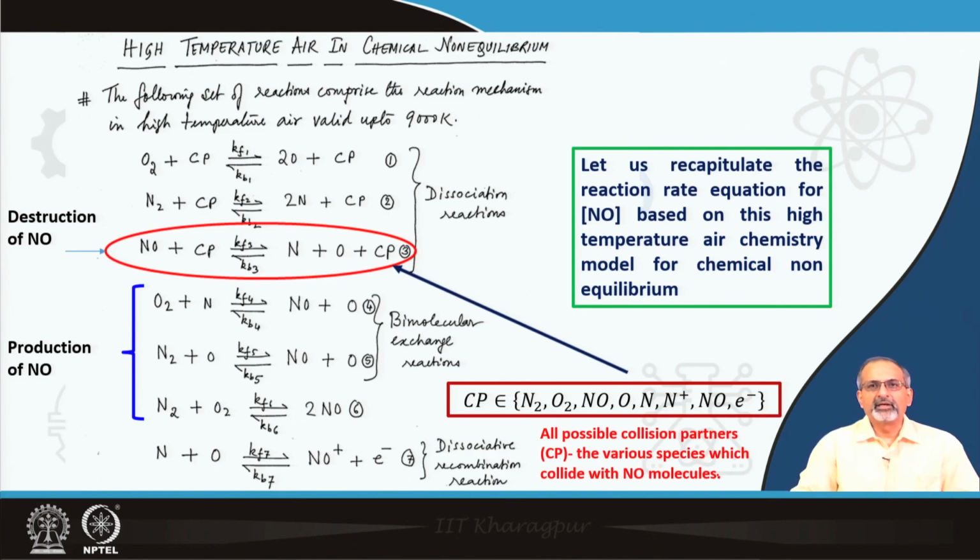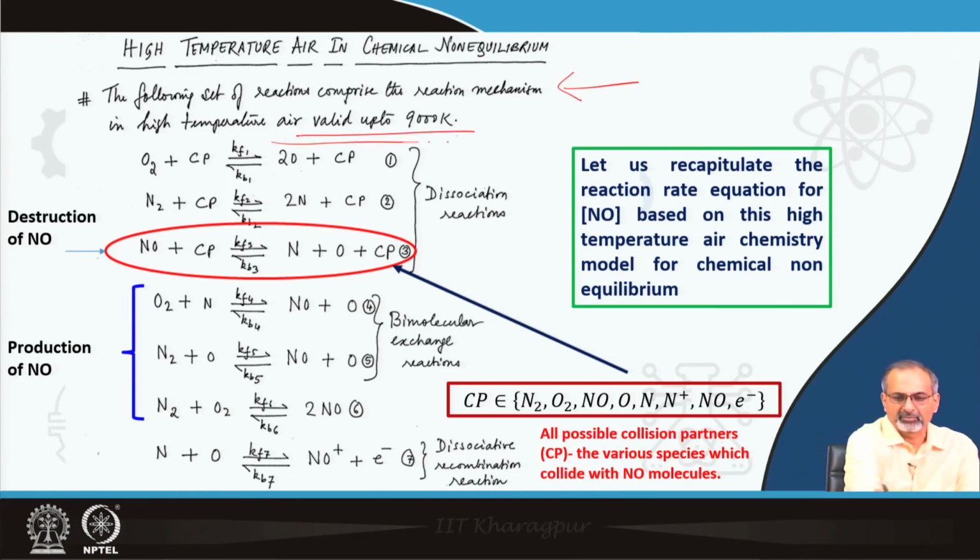So, this you may be able to very easily recall from an earlier lecture where we had proposed this model for high temperature air in chemical non-equilibrium, and it is valid up to a temperature of about 9000 Kelvin or so.